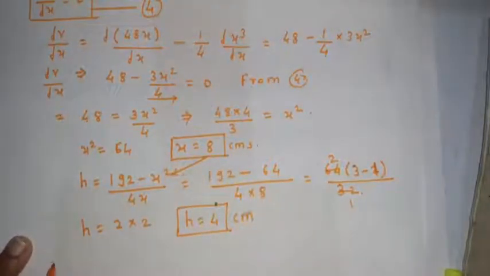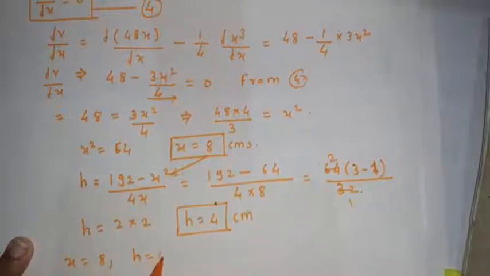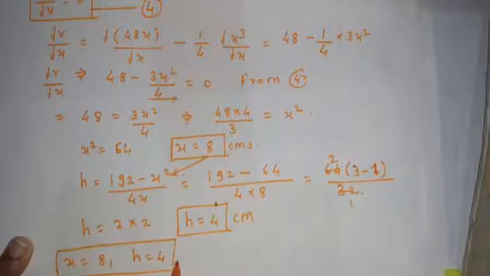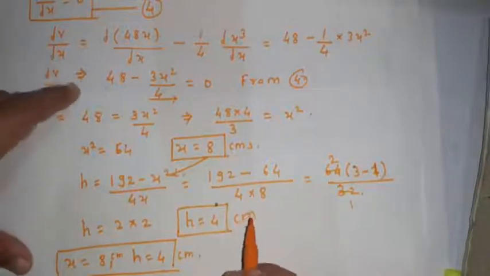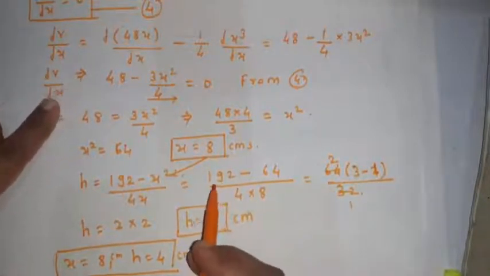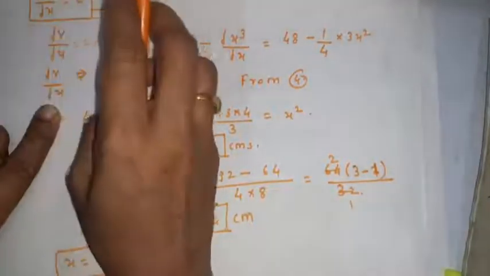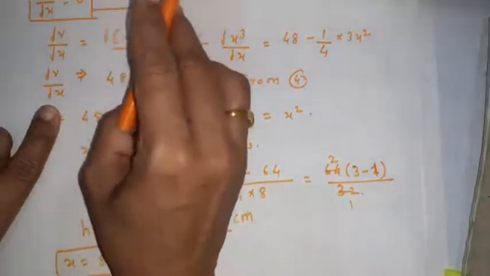Okay, and at x equal to 8 and h equal to 4, we have the given surface area of 192 square centimeter. At this height and side of base, now we have to check whether the volume is largest or not.